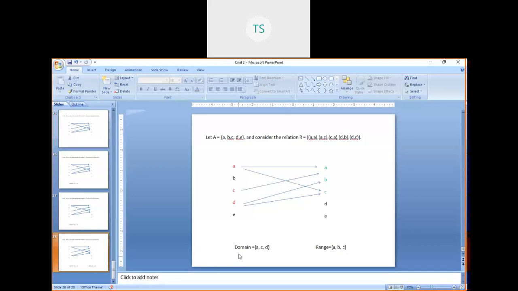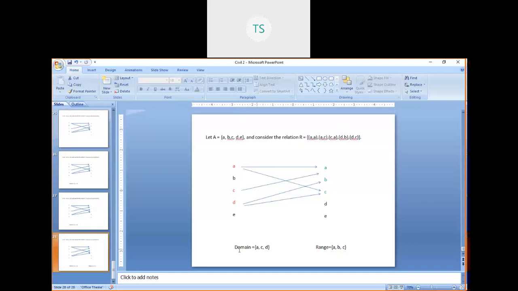So here you have to remember what is domain and range. These two words are important. There are some questions where you have to find the domain and range of a particular relation. Domain is actually the elements from the first set which have a relation in the second set. For this example, the elements A, C and D have the relation with the elements of the second set.